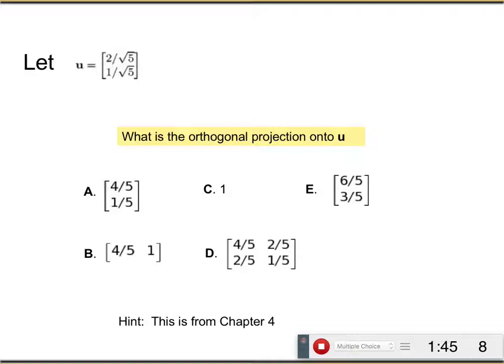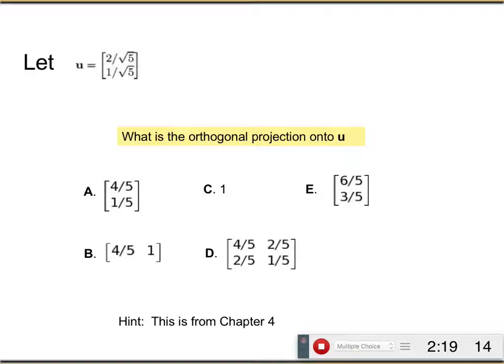So yes, there's a second part. I'm asking you for the matrix that will project anything onto U. So U is a vector, and I want to know the matrix that will project anything onto what that vector looks like: 2 over the square root of 5, 1 over the square root of 5.